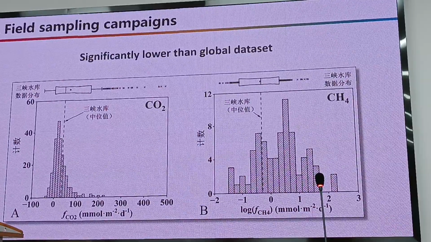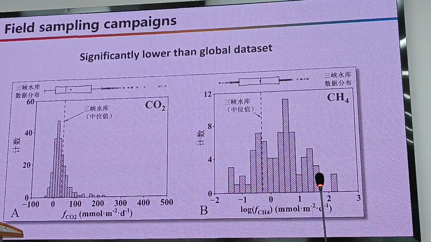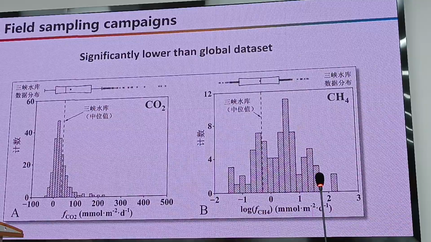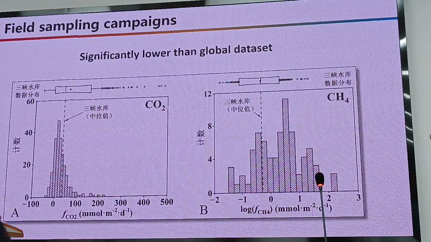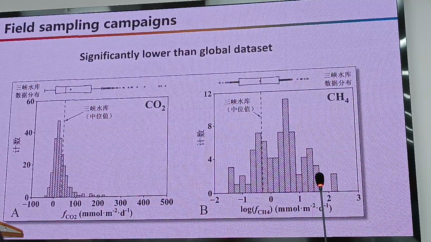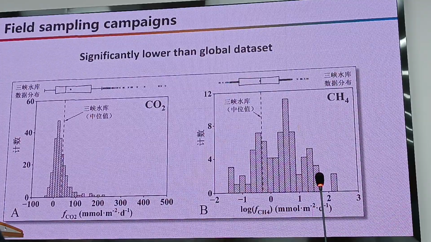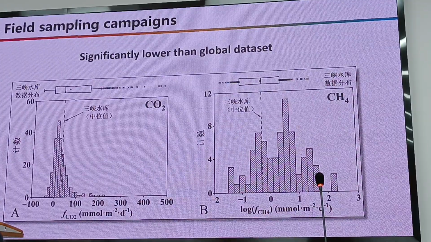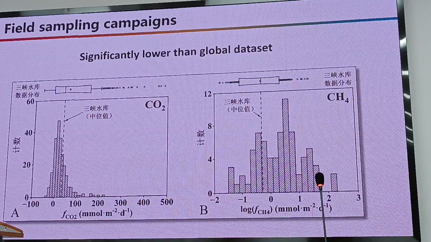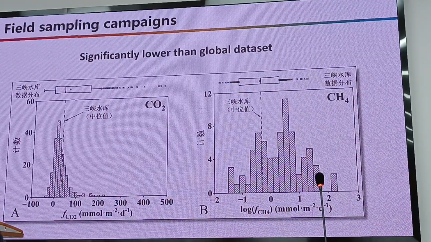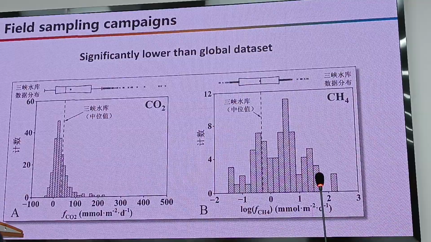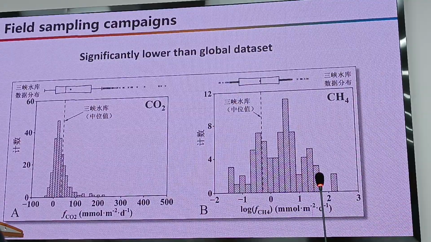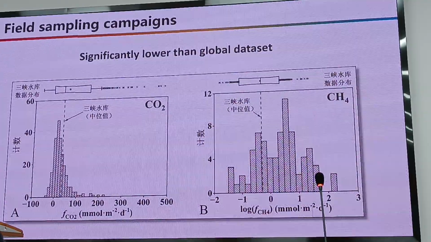For carbon dioxide emission, the Three Gorges Reservoir is a little bit higher than the median of global data sets. The quantile is around 70%. But if you think about the methane, it's very low. It's less than 10. Right now, we find it comparable to the global data sets according to the quantile. It's about 8%. Very, very low.